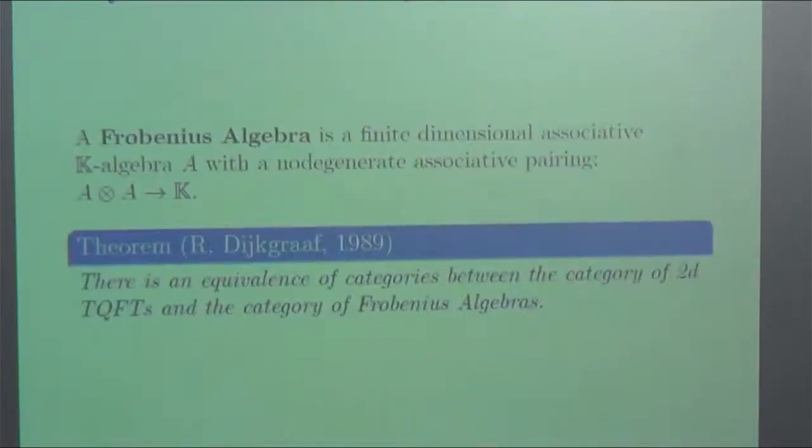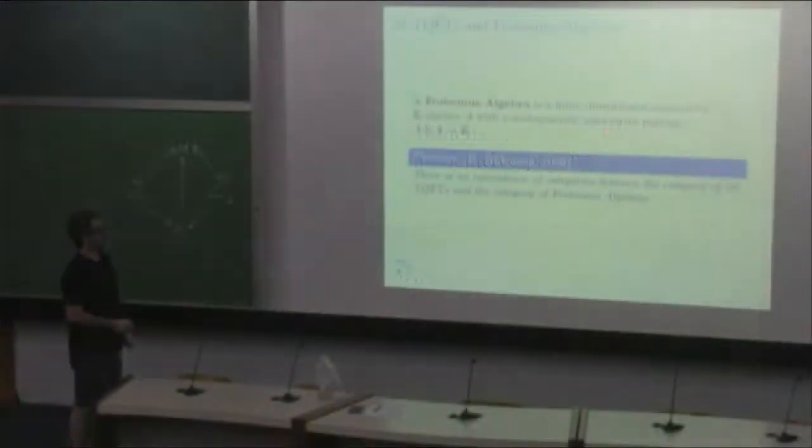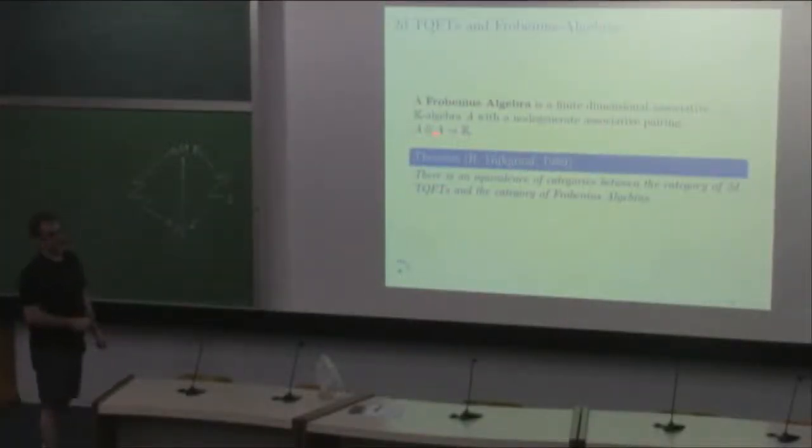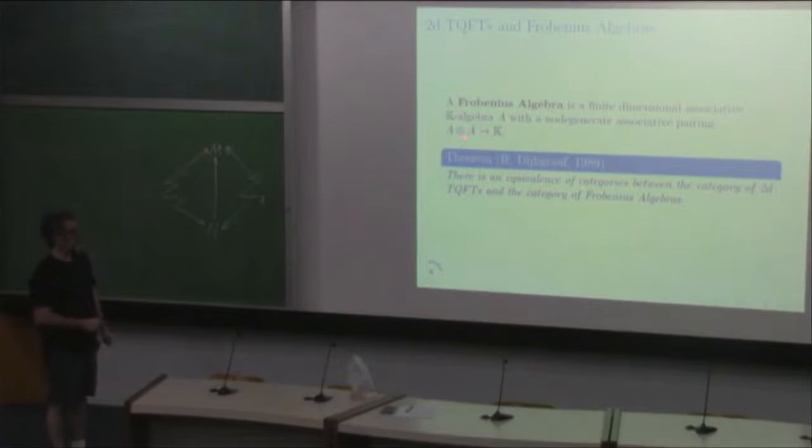And then this theorem here is from, I think the pronunciation is Gygraff. I'm sorry if I'm mistaken. Okay, so a Frobenius algebra is a finite dimensional associative K algebra with a non-degenerate associative pairing. So just a bilinear map that is non-degenerate, okay?